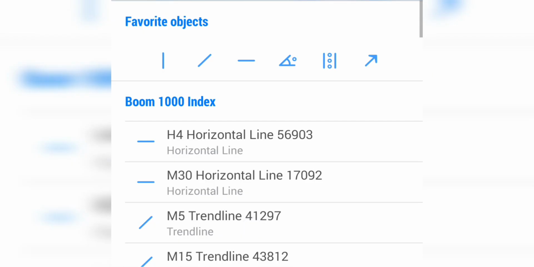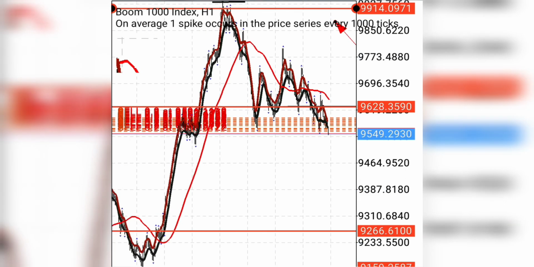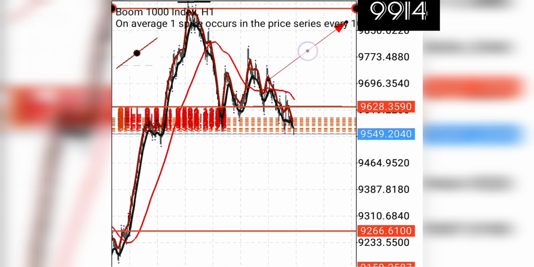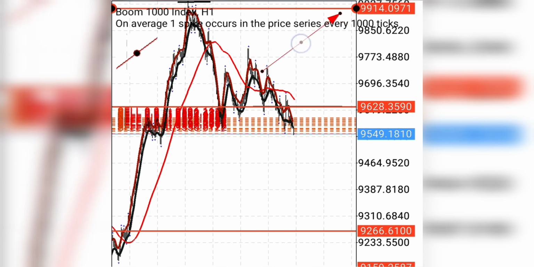Okay, let me use my arrow, sorry, so that you understand. This is my arrow. All right, 9914 is for what? My magic take profit, because this is the end of the trade.